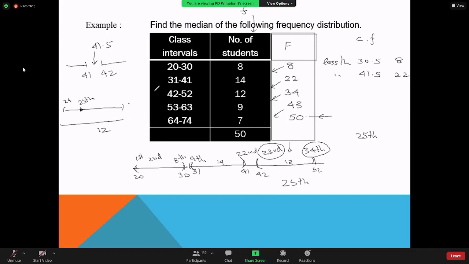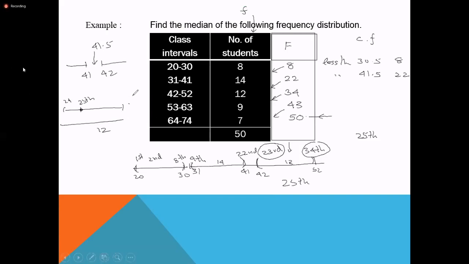එතකොට median class is detected. Now we detect the median class is this one. Why? The 25th student exists in the third class interval. තුන්වෙනි පන්ති ප්‍රාන්තරය කියන්නේ මෙන්න මේ පන්ති ප්‍රාන්තරය තමයි මේ ශිෂ්‍යයා ඉන්නේ. This is the class interval.